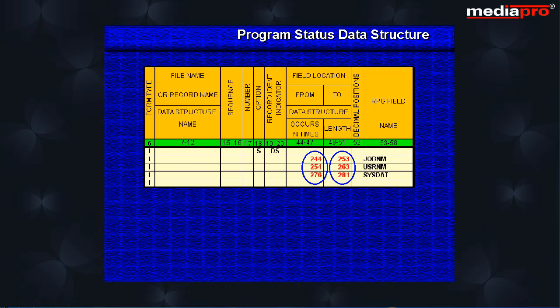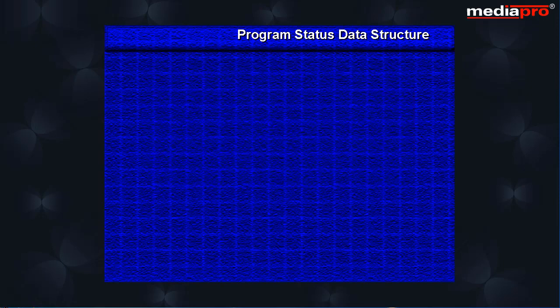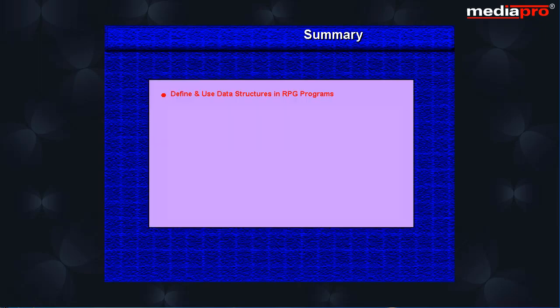This brings us to the end of the chapter on data structures. In this chapter we saw how to define and use data structures in RPG programs. Data structures can be defined both externally as well as within the program. Data structures can be used to group fields as well as to divide a field.